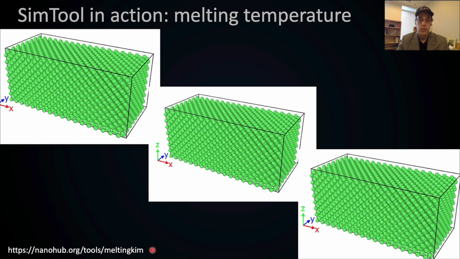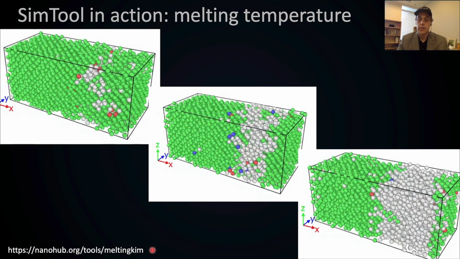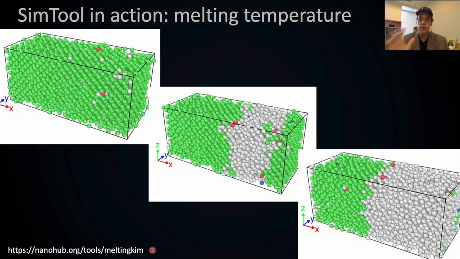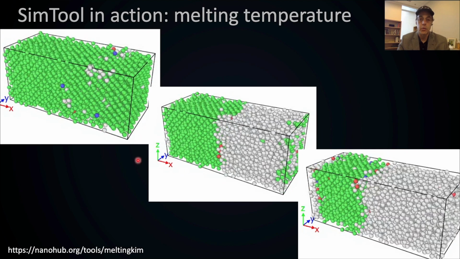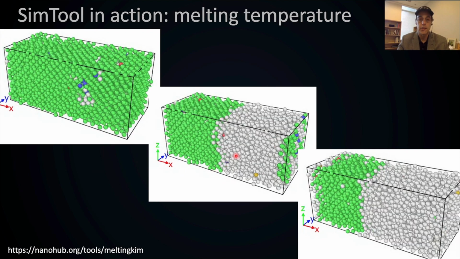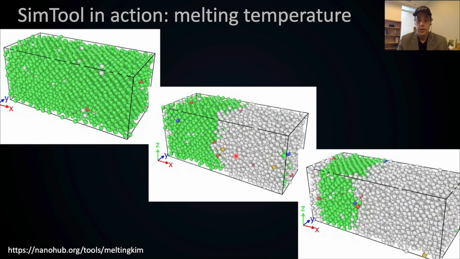Since I've been talking about melting temperature calculations, I'm going to show you how the simulation actually works. You try to create a system where you have coexistence of a liquid and a solid sample, and you know that if a liquid and a solid are in coexistence at a given temperature and pressure, then that's the melting temperature.